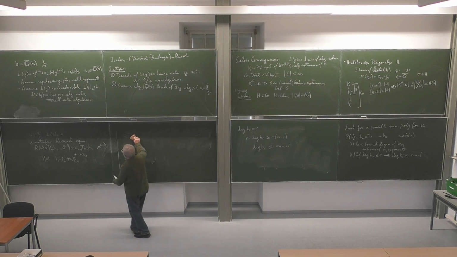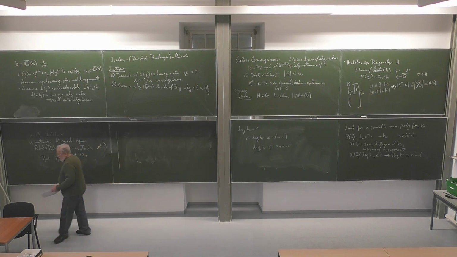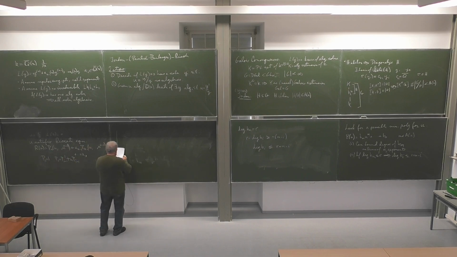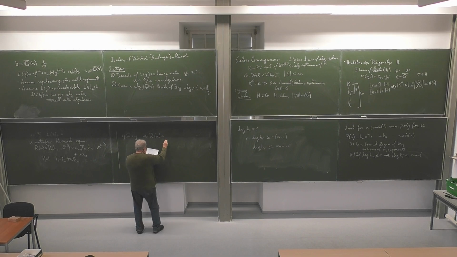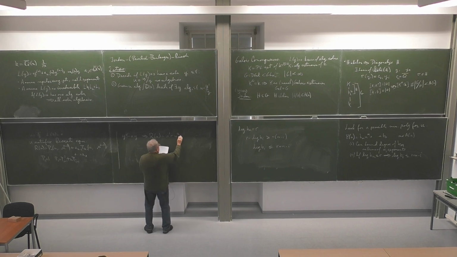Do I still have L? Yes, I do. So for example, if you have y double prime minus ay, then the Riccati equation is u prime plus u squared, now I never know whether it's plus or minus, I think it's minus, equals 0.